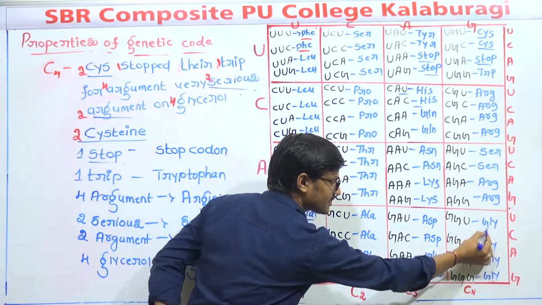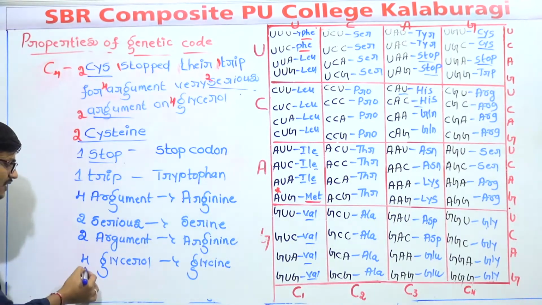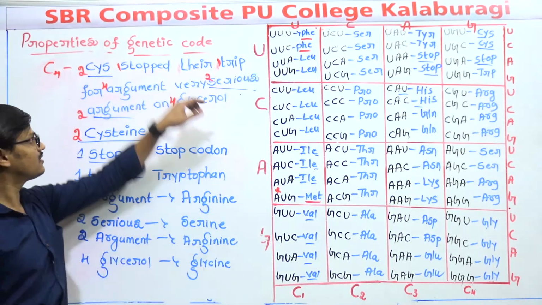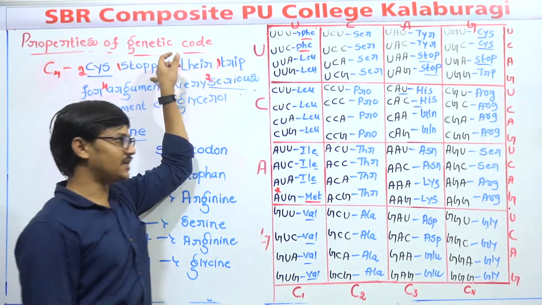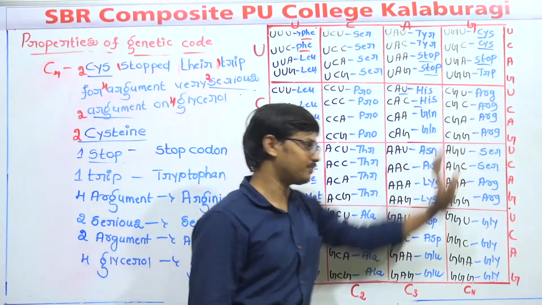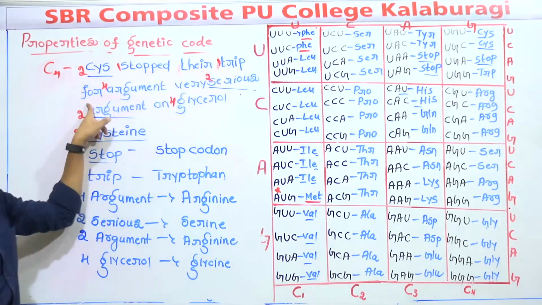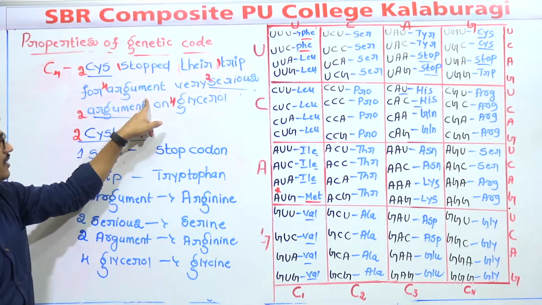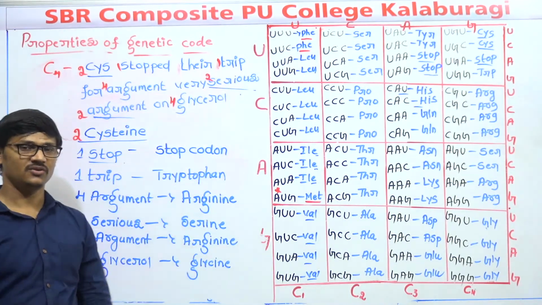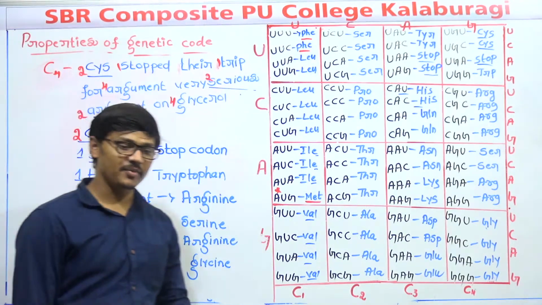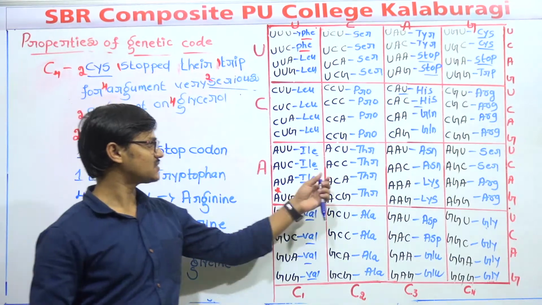How many codons are there for glycine? There are 4 codons for glycine. That's why I have written 4. So this is the statement you can use to remember all the genetic codons and amino acids given in the column 4. 2 sisters stopped their trip for having an argument, very serious argument on glycerol. This is how you can remember all the amino acids and all the codons given in this table.